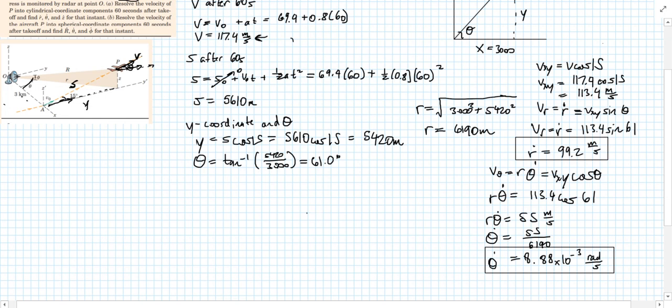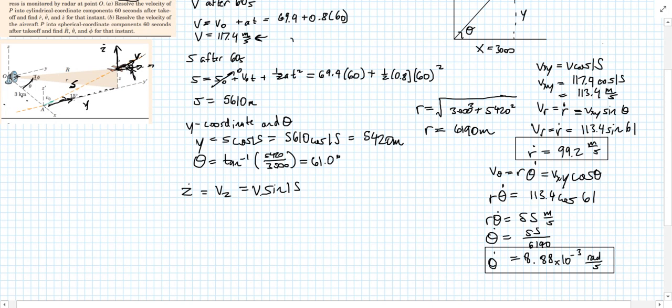Next, we want to find z dot. So z dot, of course, is the speed at which it's moving upwards, right? Perpendicular to the ground plane. So z dot is going to be equal to vz, which is equal to v sine of 15, because again, v is moving in this direction. This is 15, so this angle up here is also 15.